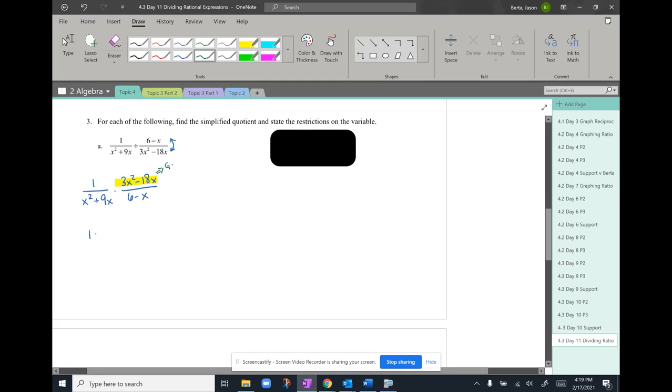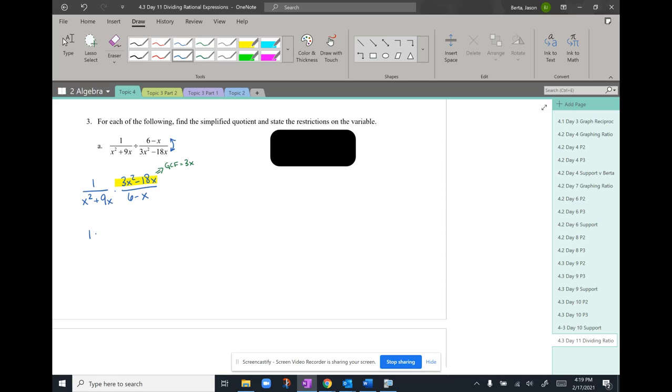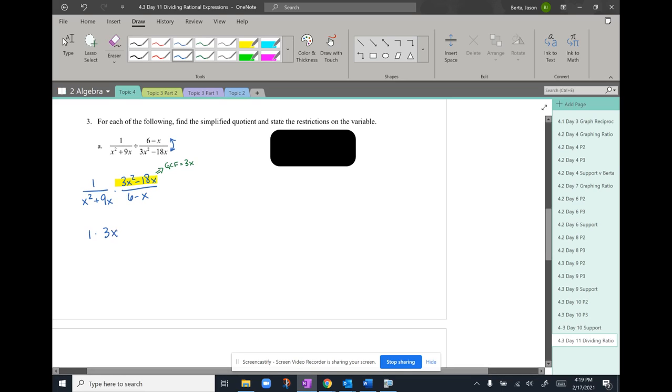The greatest common factor there is 3x. When I factor out 3x from 3x squared minus 18x, I'm left with x minus 6. And now we are done factoring the numerator. And this 1 out front, I'm actually just going to erase, since we don't need that.